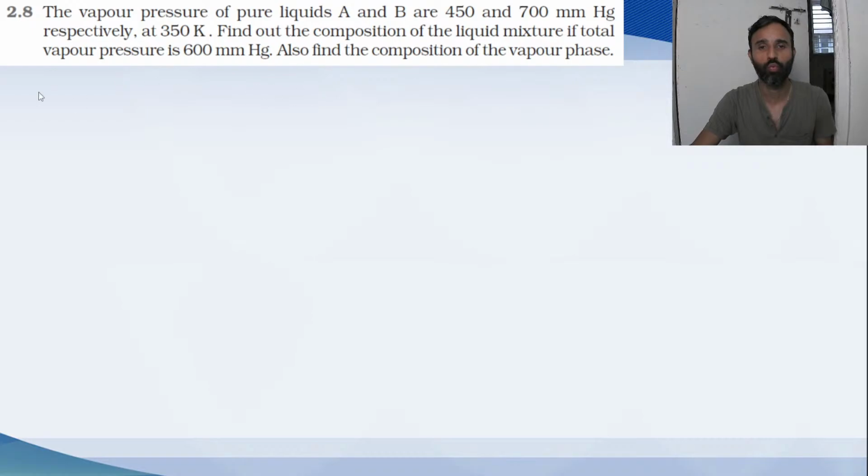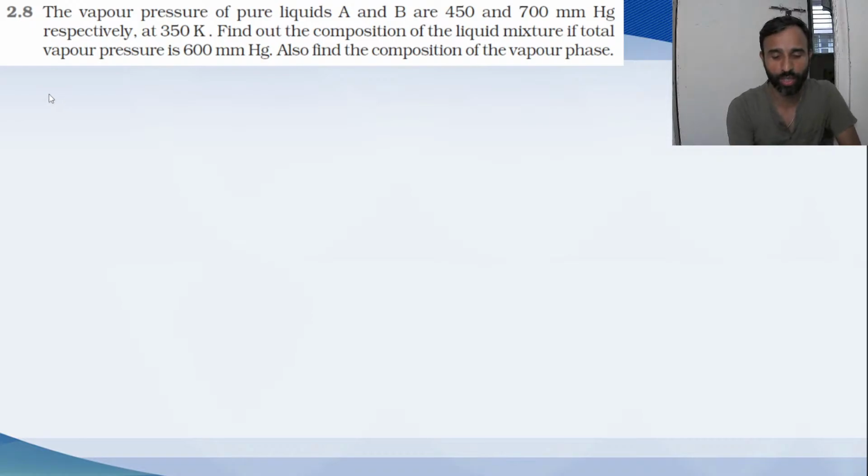Now 2.8, vapor pressure of pure liquids A and B are given to you. Find out the composition of the liquid mixture if total vapor pressure is 600 mm Hg, and also find the composition of the vapor phase.